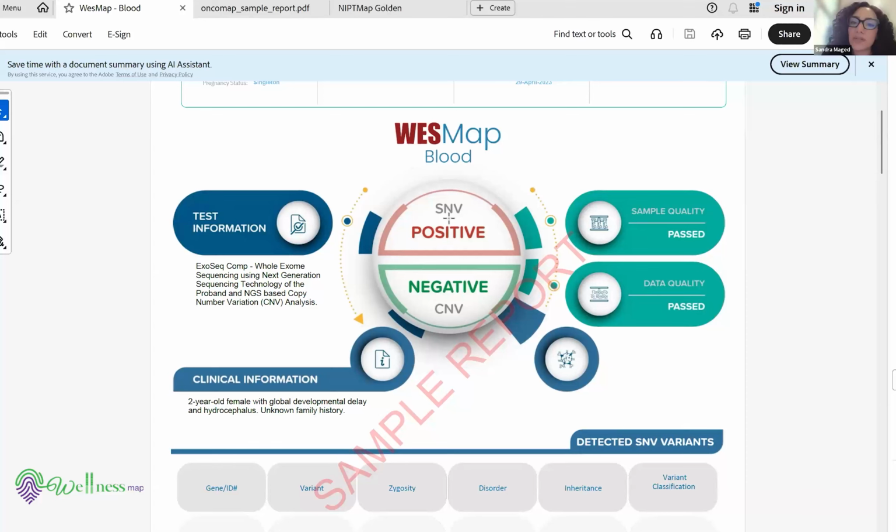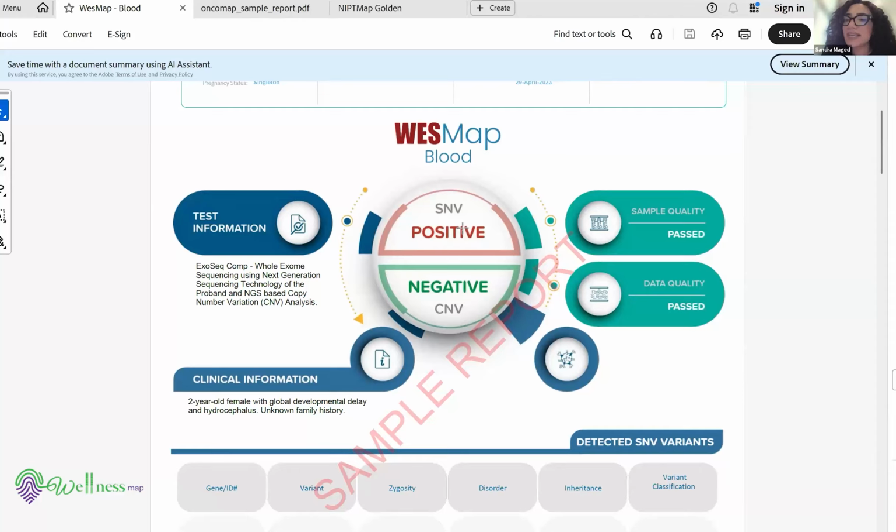Okay, then in the middle, we see the most important part, which is SNV positive, and SNV stands for single nucleotide variant, and then we have CNV negative. CNV is copy number variation. The difference between SNV and CNV is this: we all know that when we see the DNA, it's made of nucleotides.